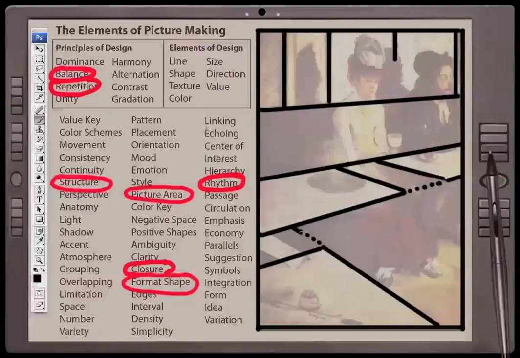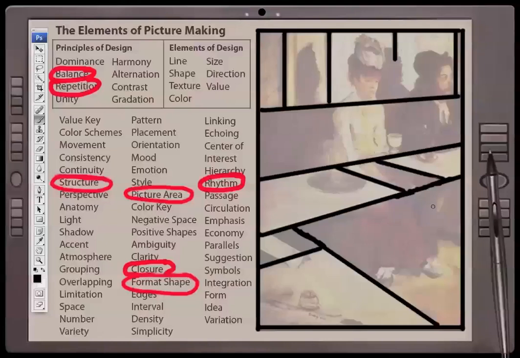So therefore the structure is more like this, creating this large triangle shape that you see here. There's a triangle shape right there as well. You see that triangle shape? There are a series of triangles that Degas uses, as well as the rectangular shapes that you see up here, created by these vertical lines.